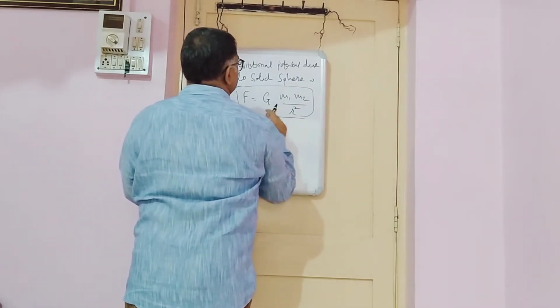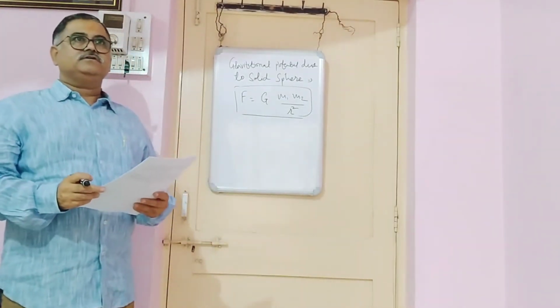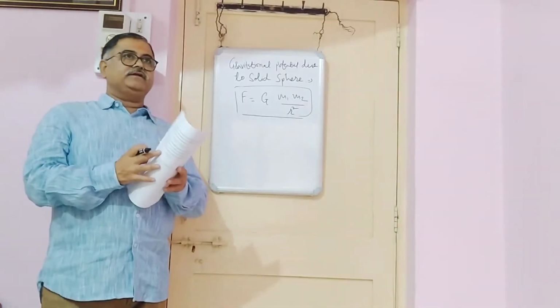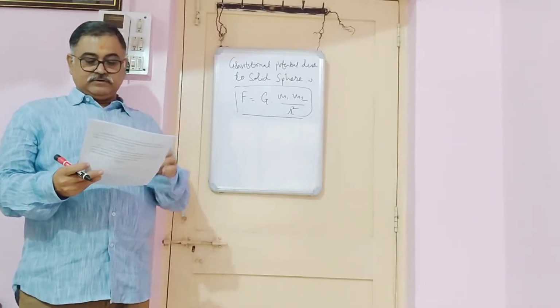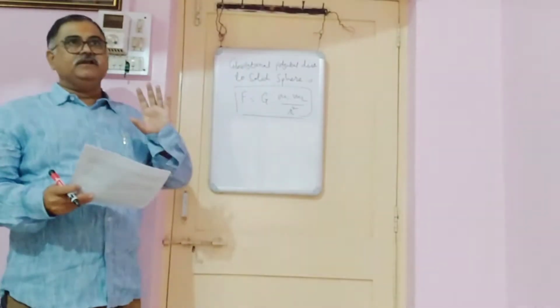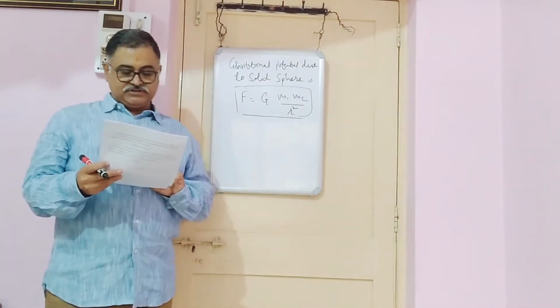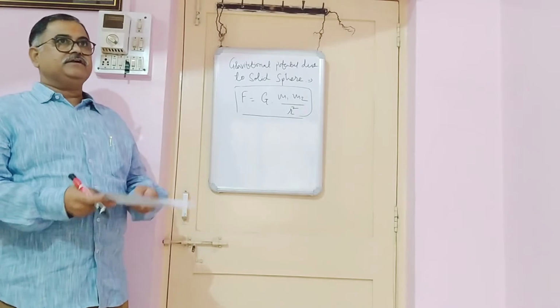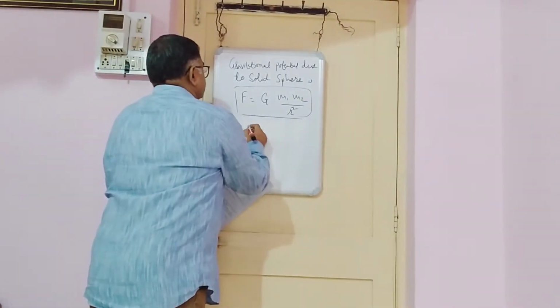Then afterwards we saw the terms gravitational field, then gravitational field intensity. The notation of field intensity was E, and that E is given by GM by R square.